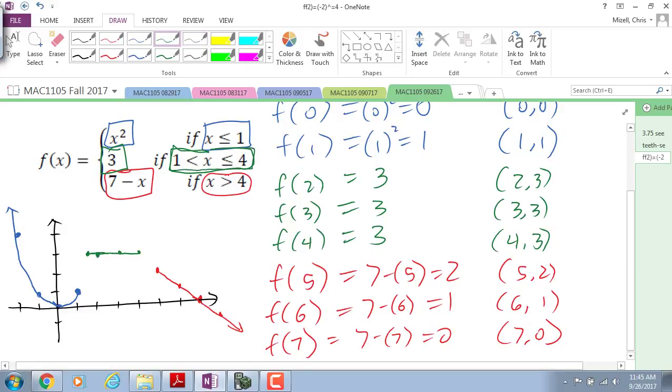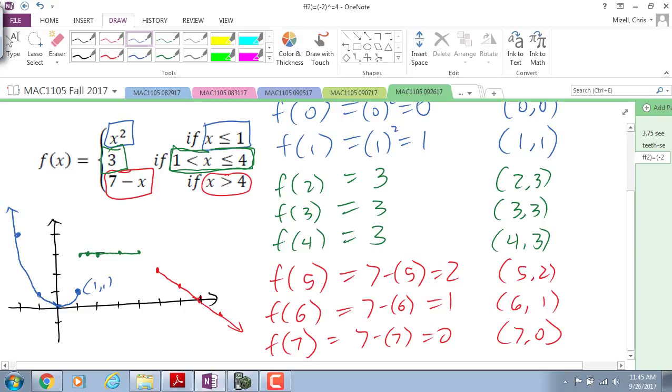So f of 1.1 would be 3, and we would extend it still further. But what's f of 1? With f of 1, we use the x squared, and so that jumps all the way down to the point 1, 1.